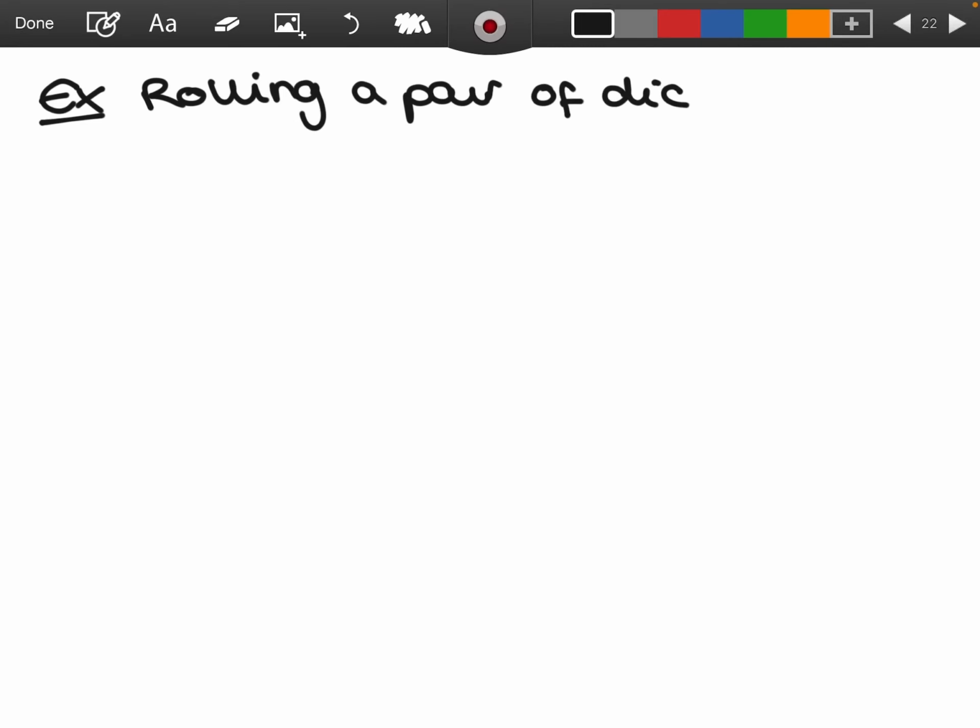The last example that I want to go through leads on from an example that we did back in our previous video in 6.1, where we looked at rolling a pair of dice. We saw in our previous video, if you go back and watch that, there were 36 different outcomes that we could have from rolling a pair of dice.